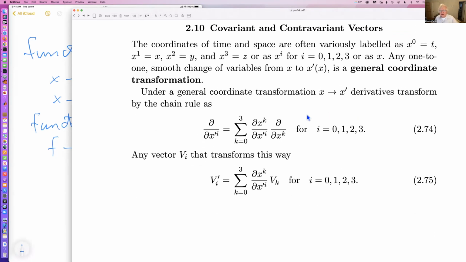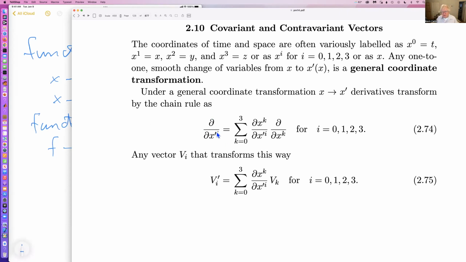Now, a really important point in general, and especially in general relativity, is the notion of a covariant and a contravariant vector. If we have a general coordinate transformation from x, which may be coordinates in 3-dimensional space or 4-dimensional space or 10-dimensional space, if you go from x to x prime, the derivatives transform this way.